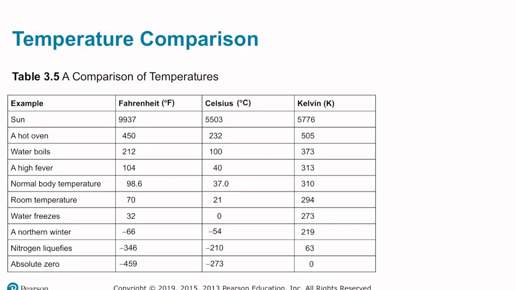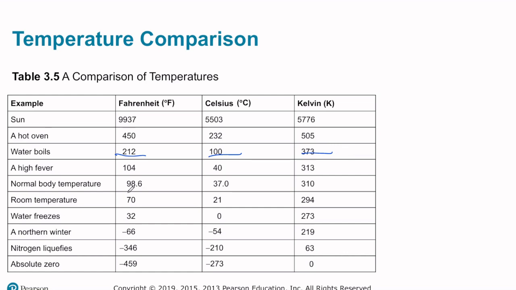Here's a temperature comparison chart. We'll just look at a few values. The sun is 9,937 degrees Fahrenheit, 5,503 degrees Celsius, and 5,776 kelvins. Water boils at 212 degrees Fahrenheit, 100 degrees Celsius, and 373 kelvins.